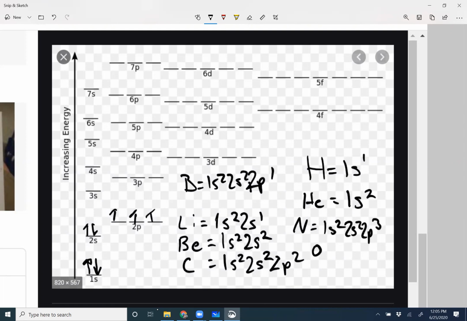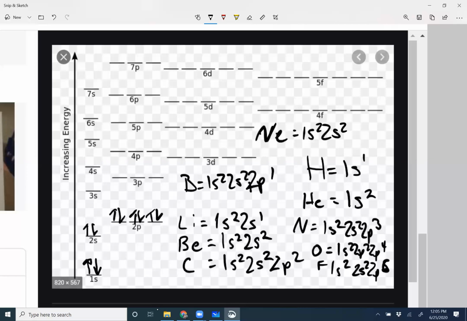And it's not until oxygen that they start going into the same orbitals as each other again. Fluorine, 1s2, 2s2, 2p5. And then finally, neon, the noble gas, 1s2, 2s2, 2p6.